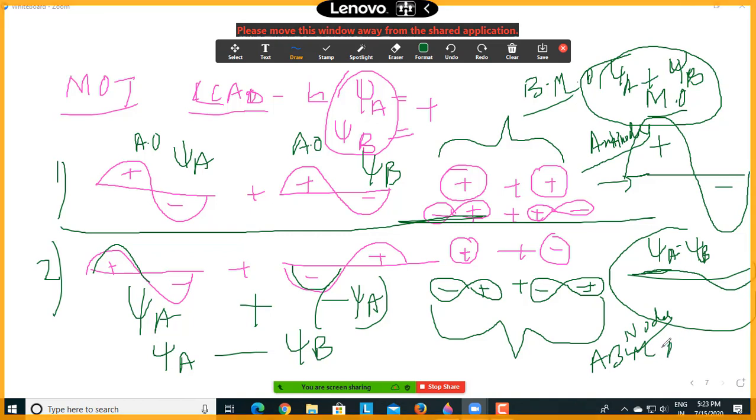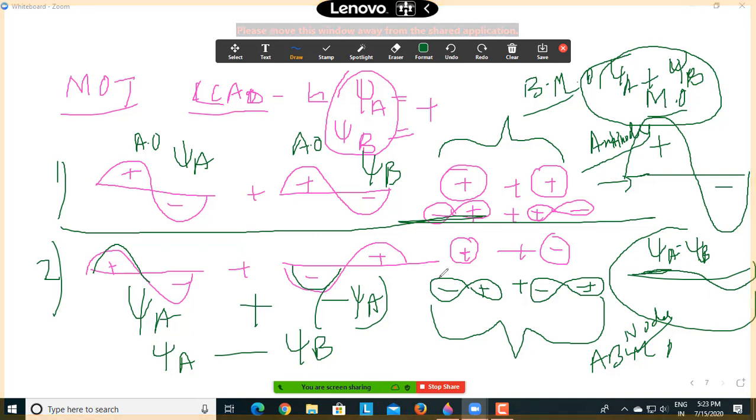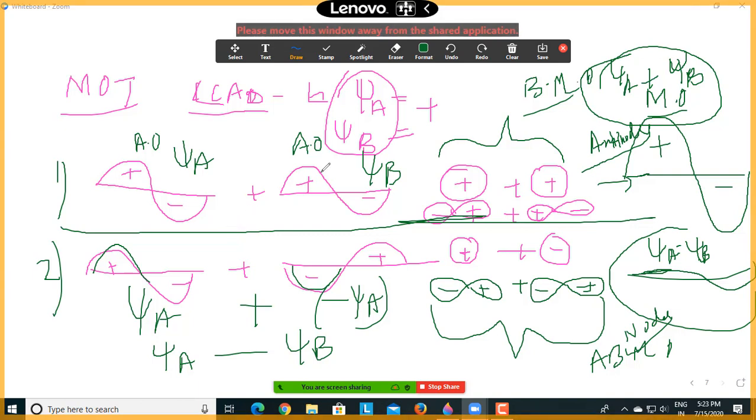Sir, please repeat this part. So see, when two electron waves are added, they will give you interference. Interference means mixing of waves. Mixing of waves will give you two types of mixing: where amplitudes are added, where amplitudes are subtracted. If amplitudes are added, then it is called constructive interference. It gives you maxima, antinodes.